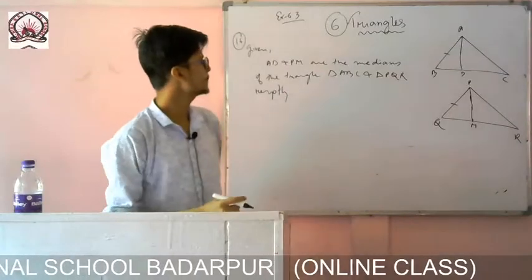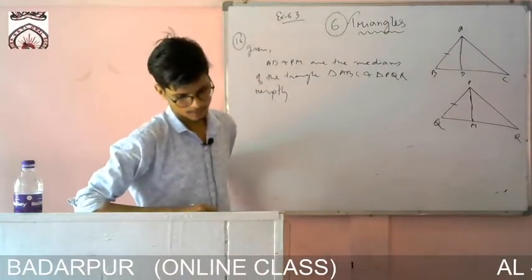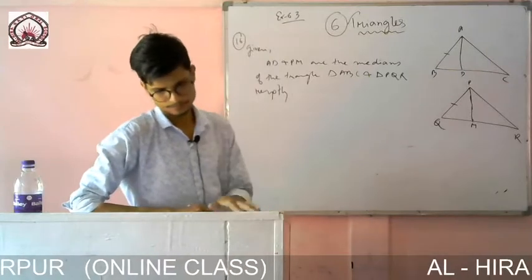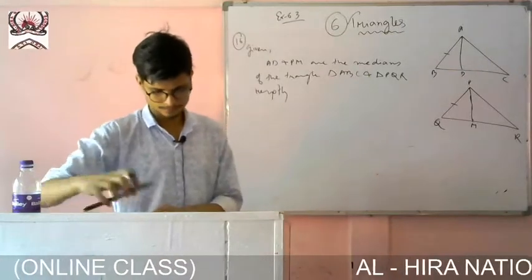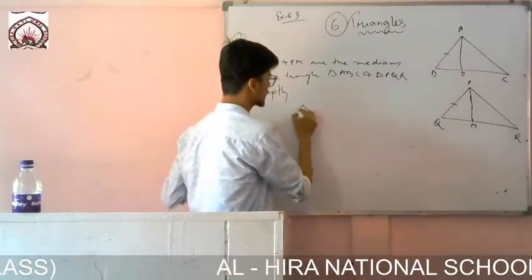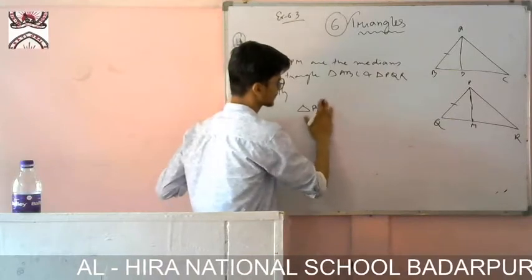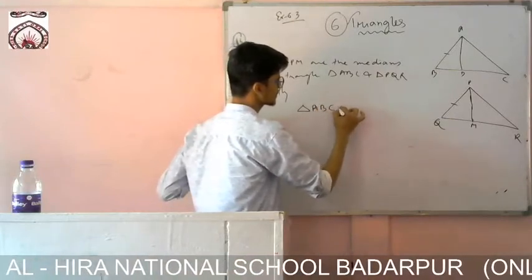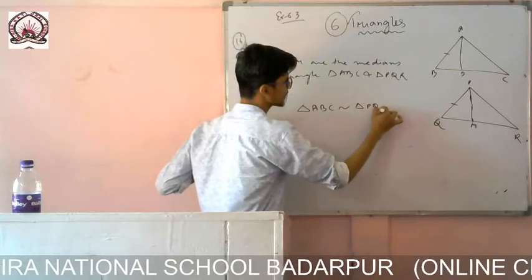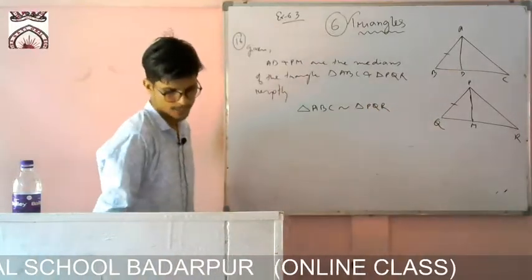Now what is given is that these two triangles are similar, that is triangle ABC is similar to triangle PQR.